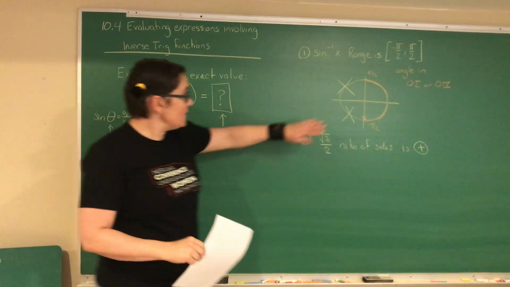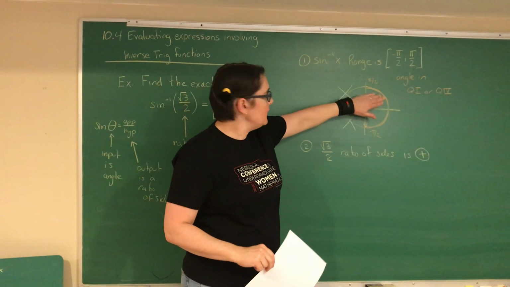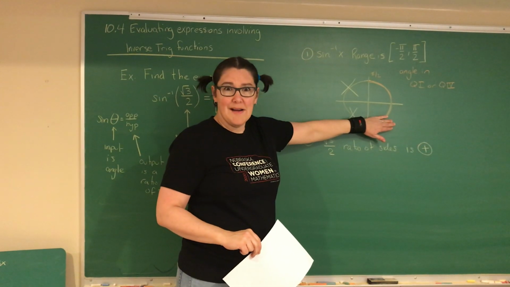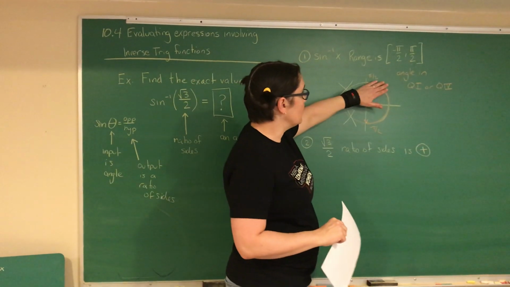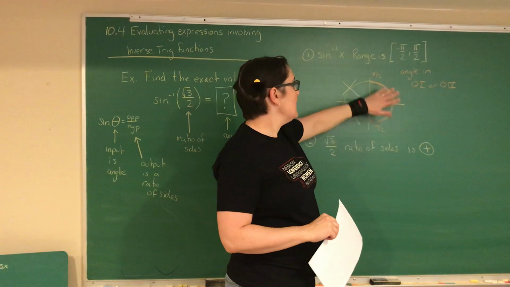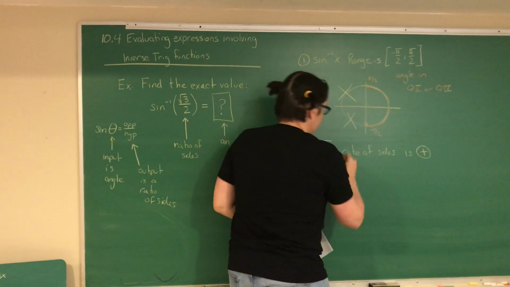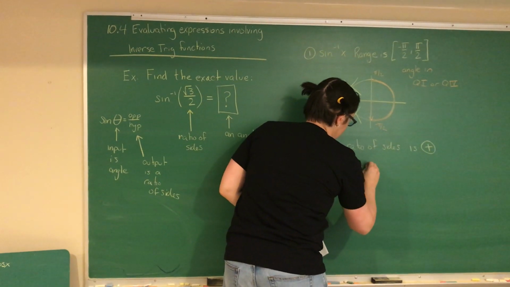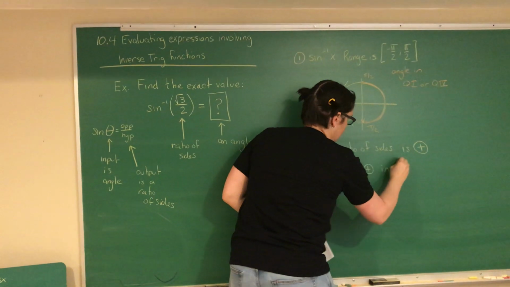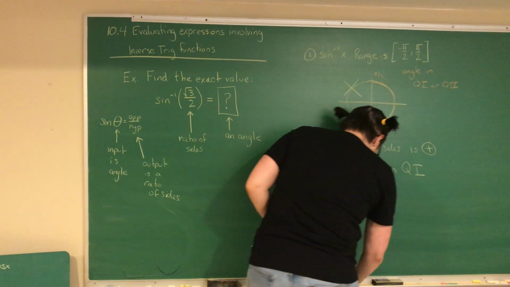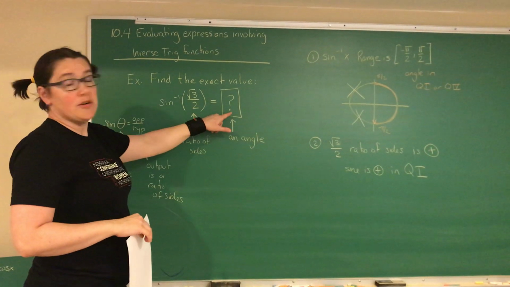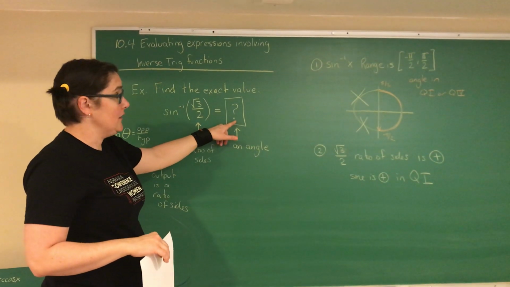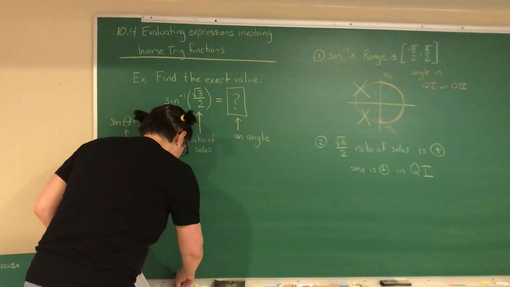And so of my two choices, either quadrant 1 or quadrant 4, I want to ask myself, is the sine function positive in quadrant 1 or quadrant 4? And the answer is sine is positive in quadrant 1. So just from those two pieces of information, I know that my angle that I'm going to get as an output is going to be an angle that I'm going to draw in quadrant 1.